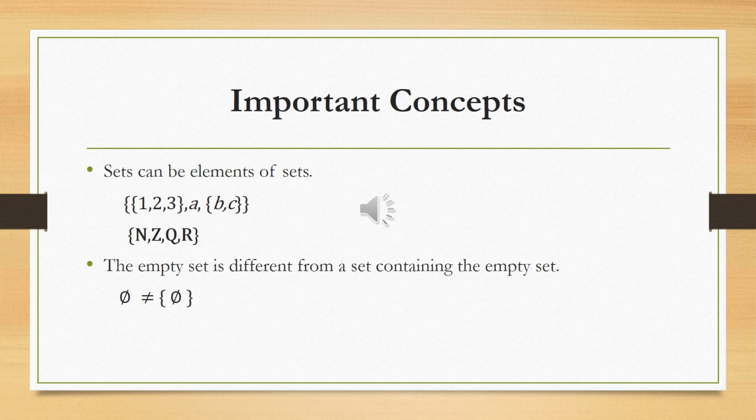For instance, you have a set that consists of the set {1, 2, 3, a} and another set {b, c}, and also sets of natural numbers, of all integers, of rational numbers, and of real numbers. The empty set is different from a set containing the empty set. So a null set is not equal to a set that contains a null set.